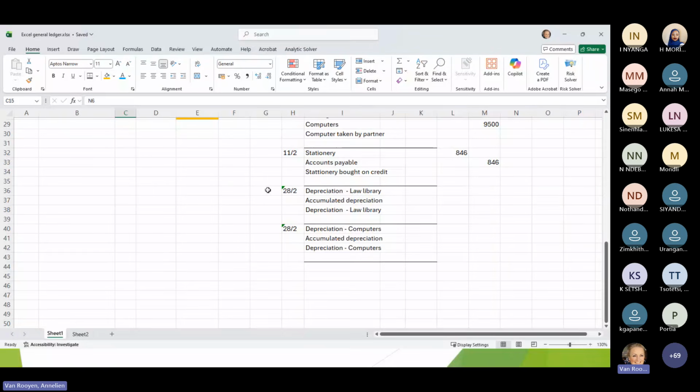It's got a lot of columns, but that's why I say please work through example 5.2 and 5.3 in this section, because that covers all of the journals that you can get. Yes, there's also a petty cash journal, but it's not a difficult thing. It's just difficult to put it on a slide because it's very comprehensive. It's got a lot of columns in it.